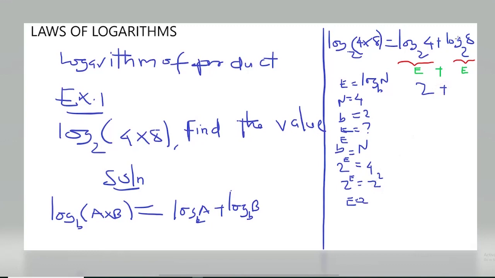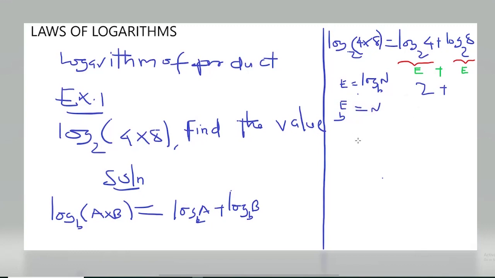Now let's move to logarithm of 8 to base 2. Base power exponent is equal to number.